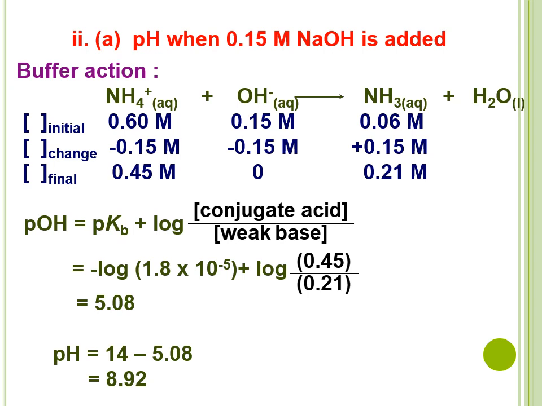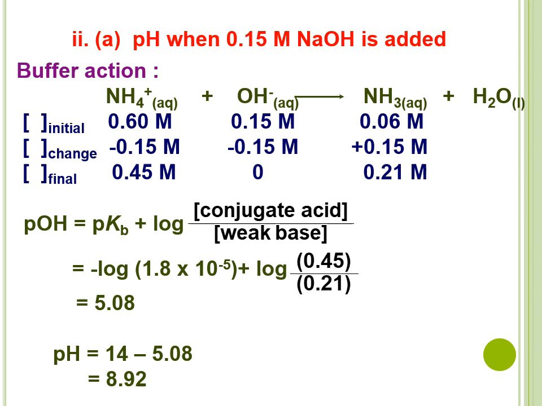The initial concentration is 0.6 molar for ammonium ion, 0.15 molar for the OH minus that we are adding, and 0.06 molar for the weak base. What is the change? We have to subtract the amount of OH minus that is supplied, minus 0.15 for ammonium ion, and we are left with 0.45 molar. This is the final concentration.